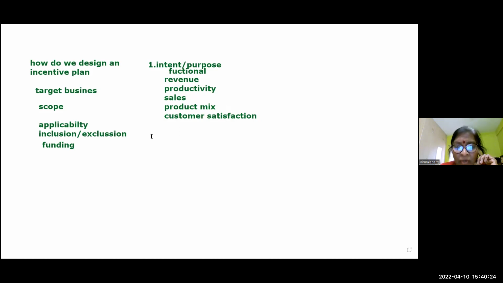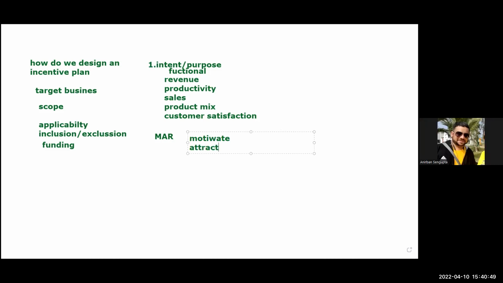I also say when we talk about intent, we also need to look at what I call the MAR point of view. What is MAR? Requirements.